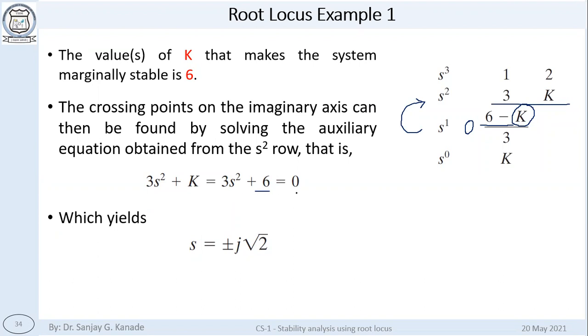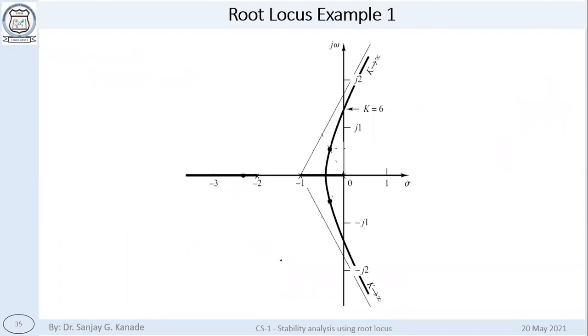So 3s squared plus 6 equal to 0 is the auxiliary polynomial. When we solve this, we get s equal to plus or minus j root 2. What does it mean? s equal to j root 2 means this is on the imaginary axis. So at omega equal to root 2, we get the intersection point.